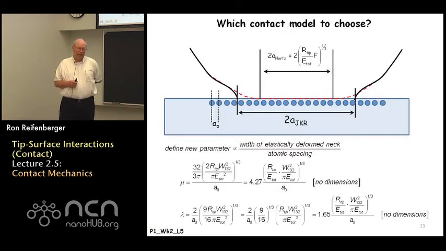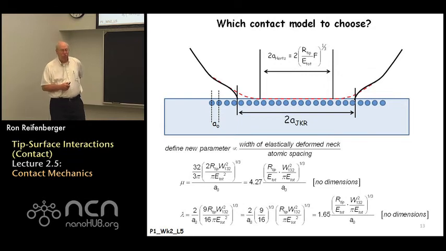It's a fair question to ask which contact model to choose, and there's been extensive work in the literature that guides you in this regard. What I like to say is that the contact model that you choose is related to the ratio of the diameter of the contact region divided by the typical separation between atoms in the contact region.